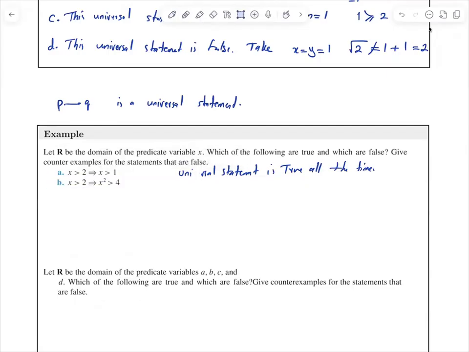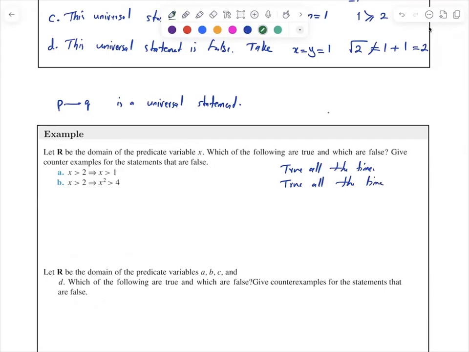Let's take a look at another one. Here we have, if x is more than 2, then x squared is more than 4. In this case, it says for any x that is more than 2, x squared is more than 4, right? I showed you before in one of the examples that using algebra, you can see that this is a true statement. True all the time.